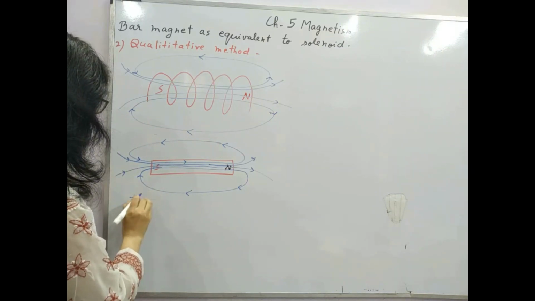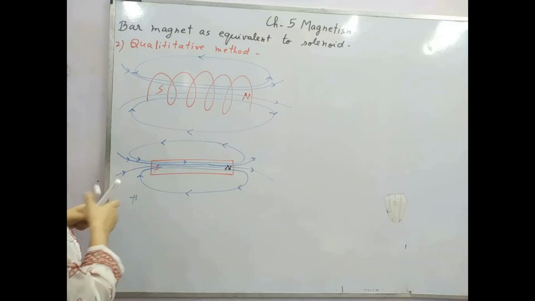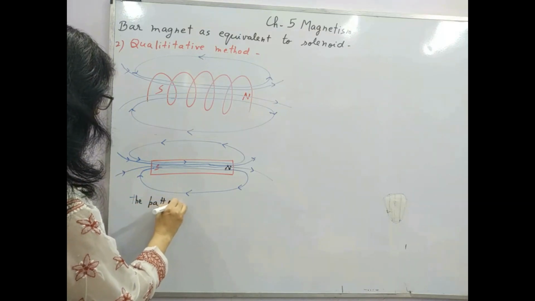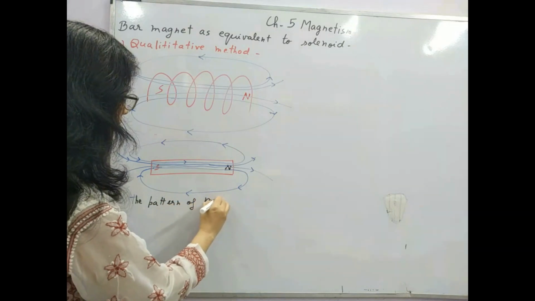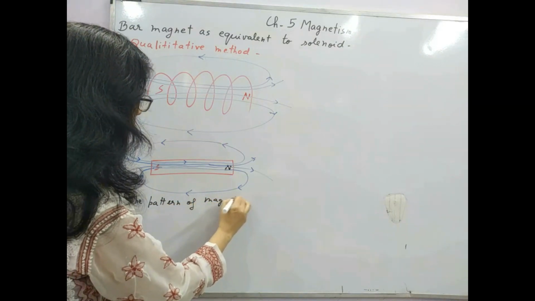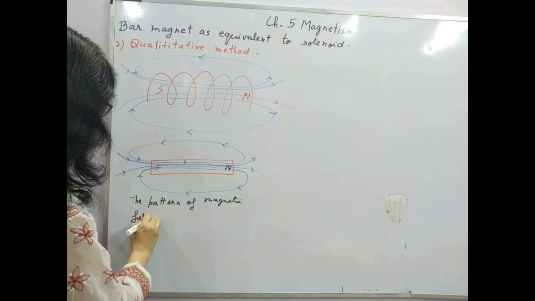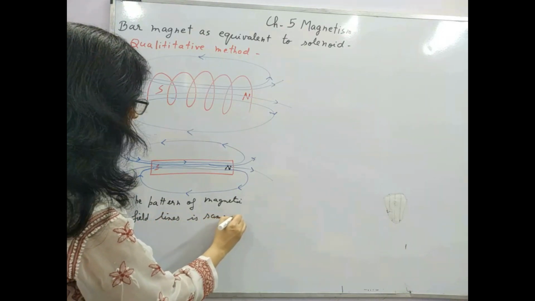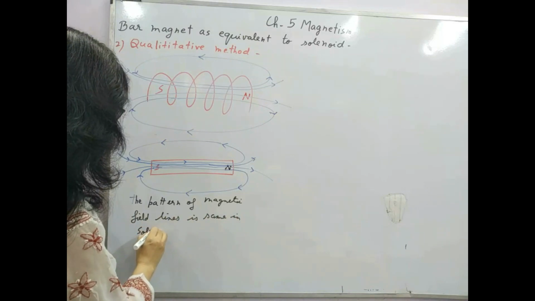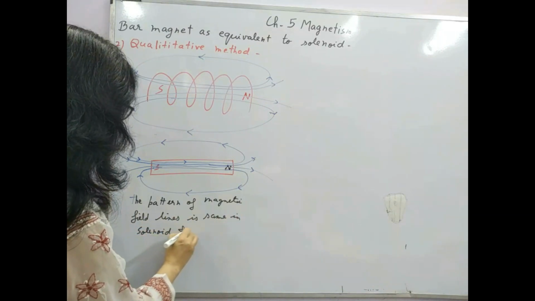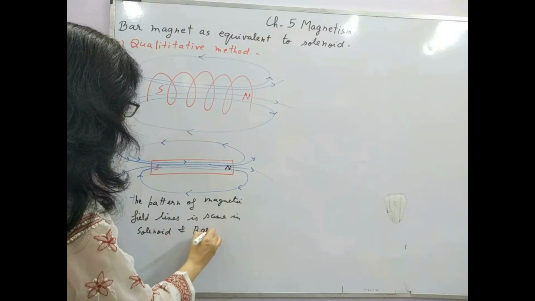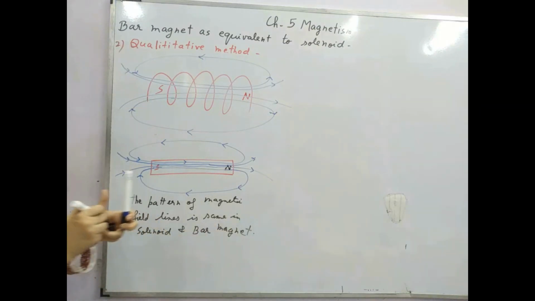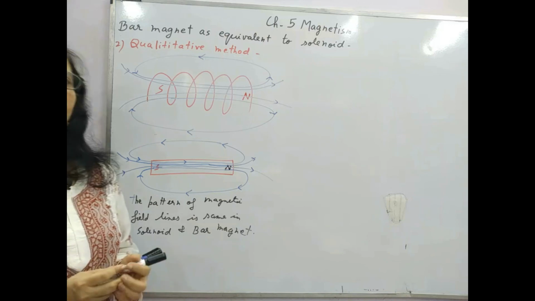So the pattern of magnetic field lines is same in solenoid and bar magnet. So qualitatively we can say that these two are equivalent.